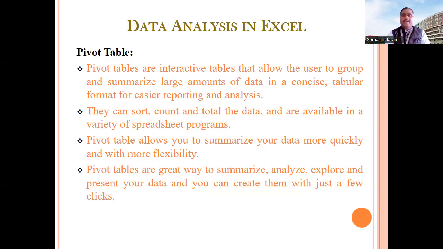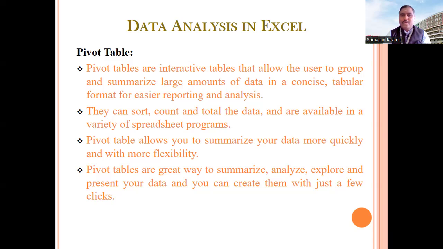For example, I have the name of the student, the contact number, the details about the location, and the schooling details. Now, if you want to sort out, like Bangalore, details of all the Bangalore students will be displayed.